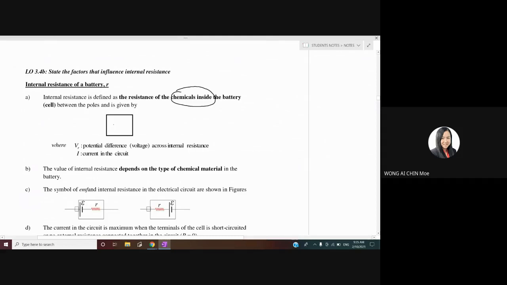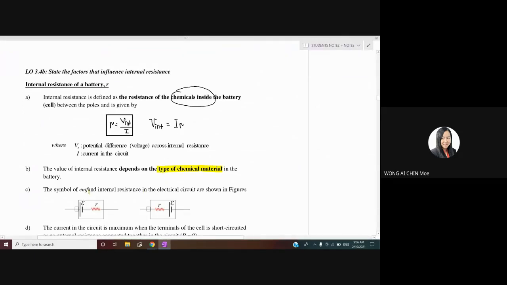So we can write our internal resistor as R equals to V internal over I. The value of the internal resistor depends on the type of the chemical materials.